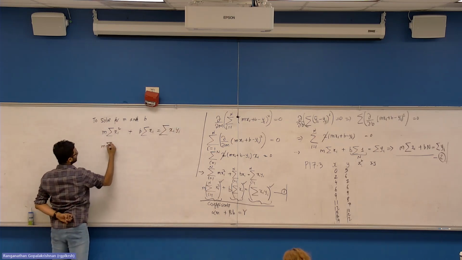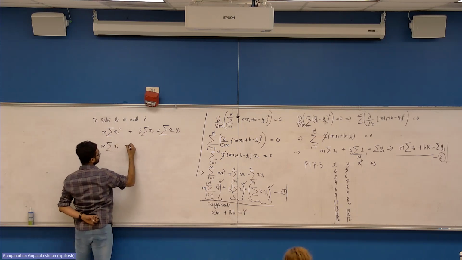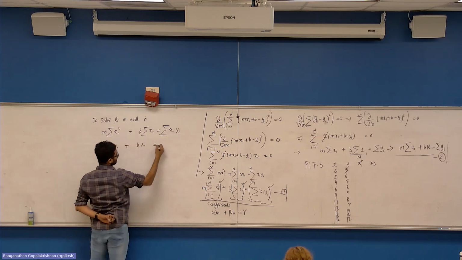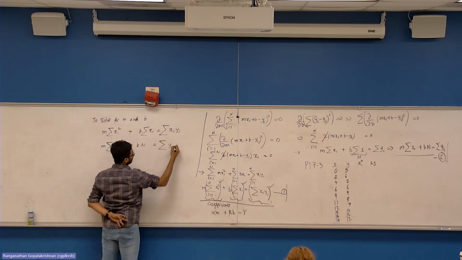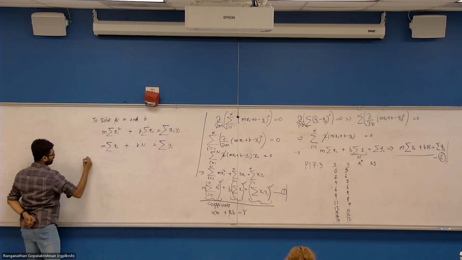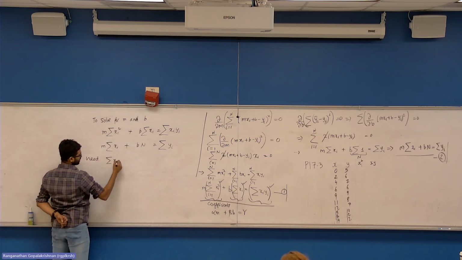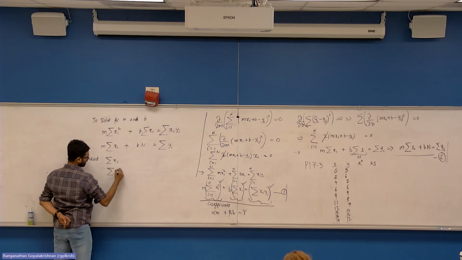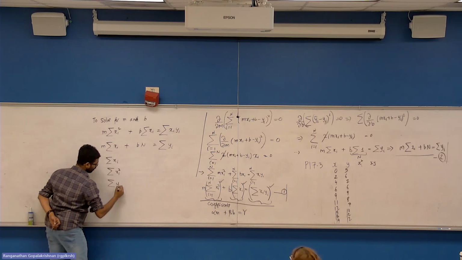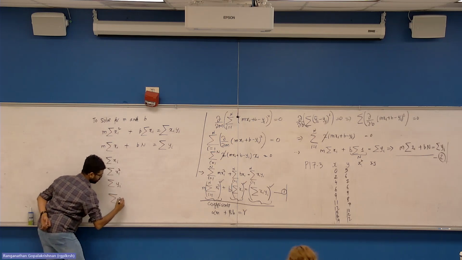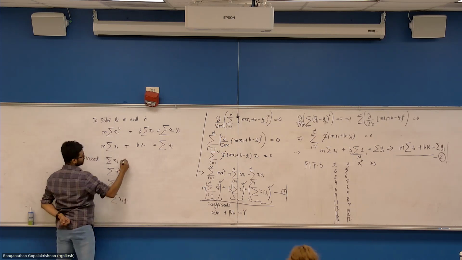Then m times sigma xi plus b times n equal to sigma y. You need the following: sigma xi squared, sigma yi, sigma xi yi.